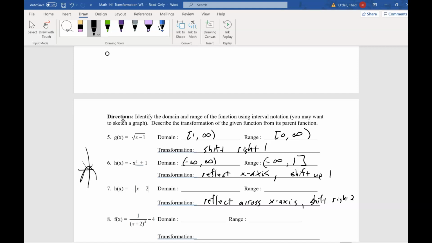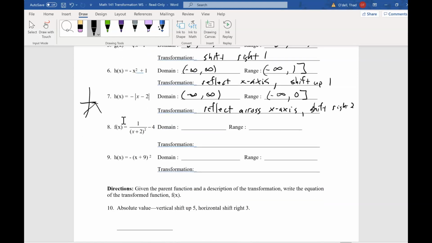So the domain, if you try to visualize that, that's going to be looking kind of like that, right? So the domain is still going to be all real numbers from negative infinity to infinity, but the range is going to be from negative infinity to 0. It will not go above 0 because the absolute value is making everything positive, and then the negative on the outside makes it negative again.